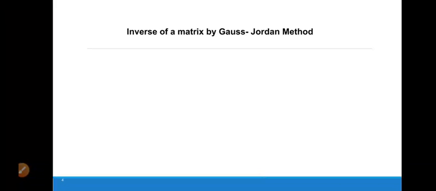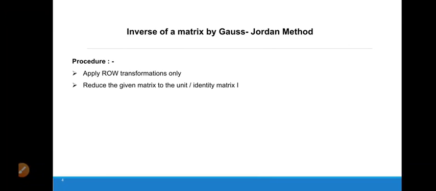Now let us start with the first subtopic, inverse of a matrix by Gauss-Jordan method. So here the procedure of this method is that you have to apply only row transformations, no column transformations are allowed, and you have to reduce the given square matrix to the identity matrix I of the same order.